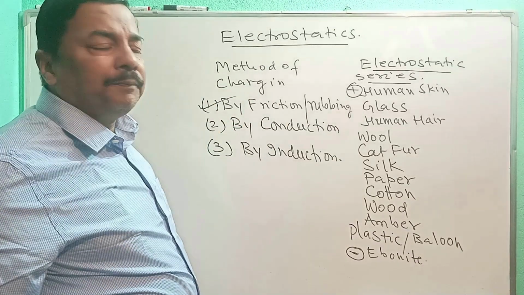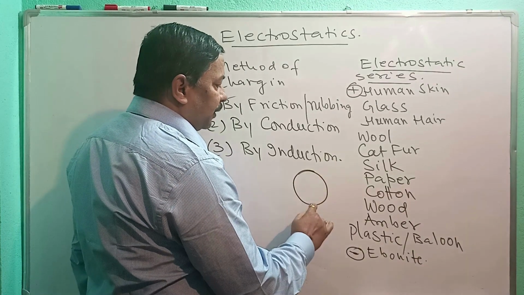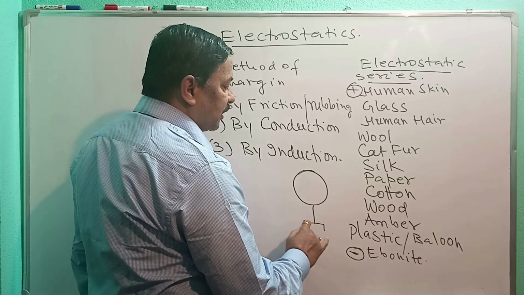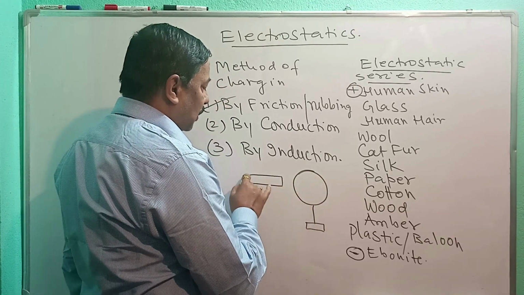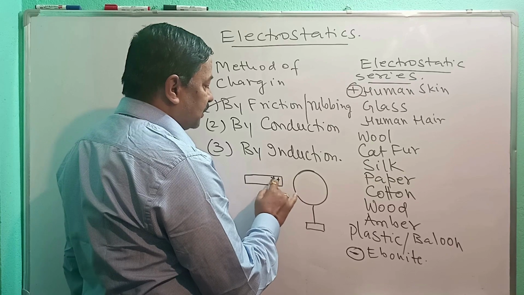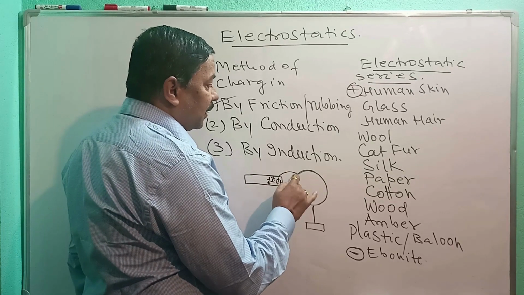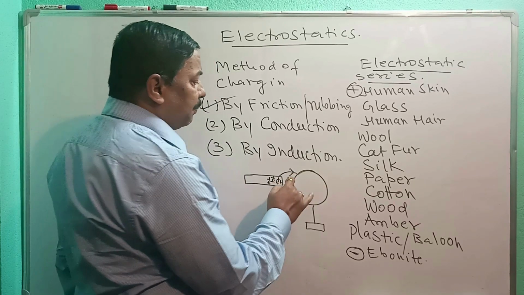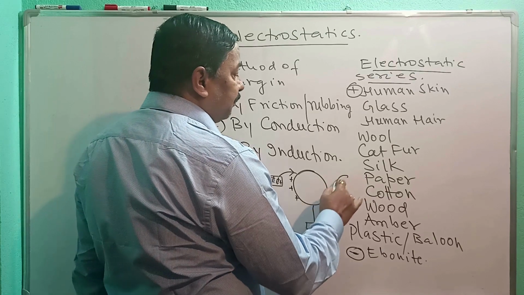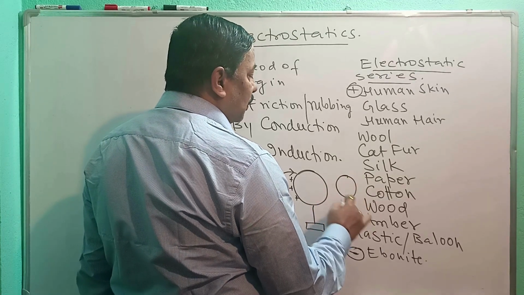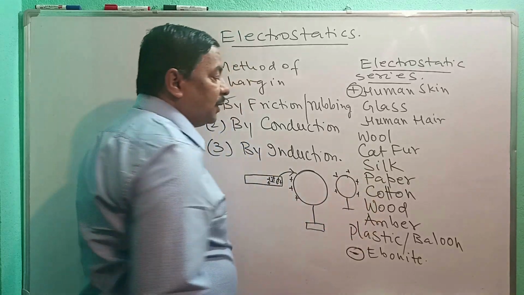Another is conduction. In conduction, if we take a body on an insulated stand, suppose there is a body which is positively charged. If we touch it to this body, some positive charge will come here and ultimately this object will become positively charged.